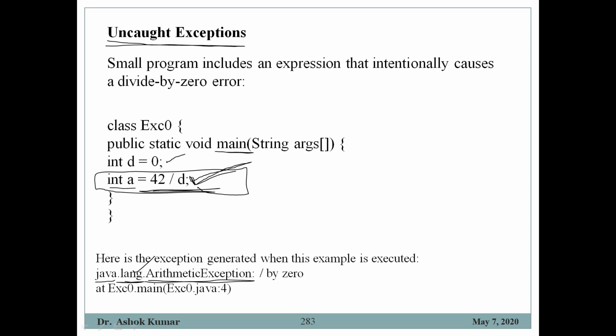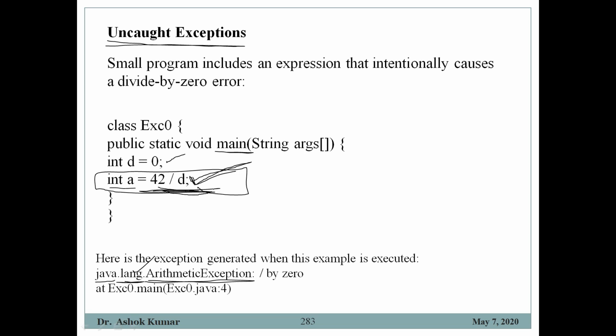In this case, because we are not handling the exception in our method, Java will run its own default exception handler. That exception handler just displays the exception object, the object that is created in this method by the line 42 by d.